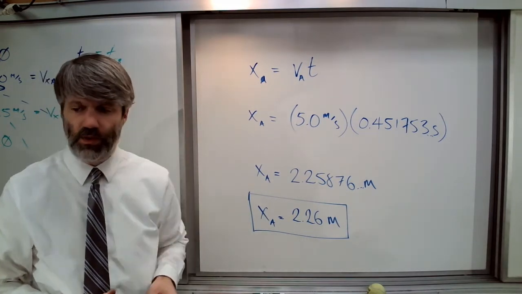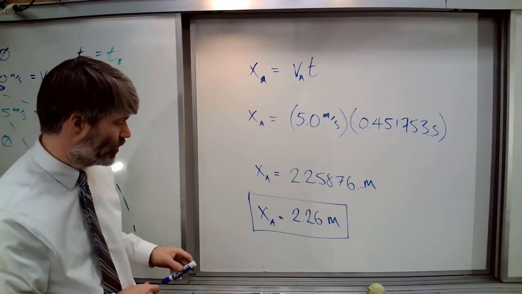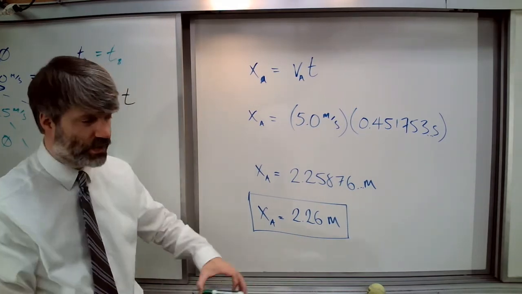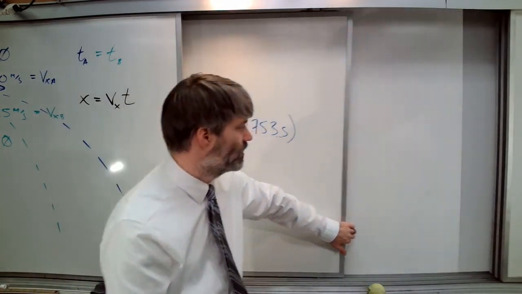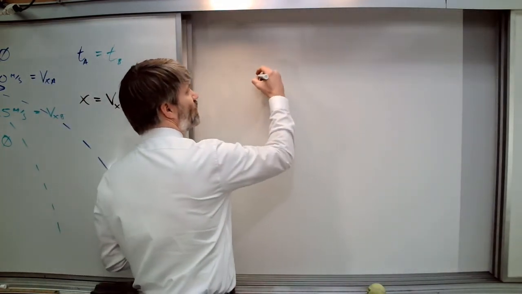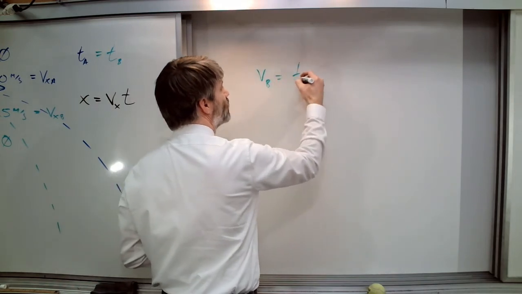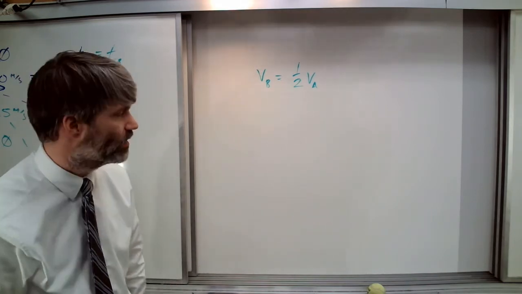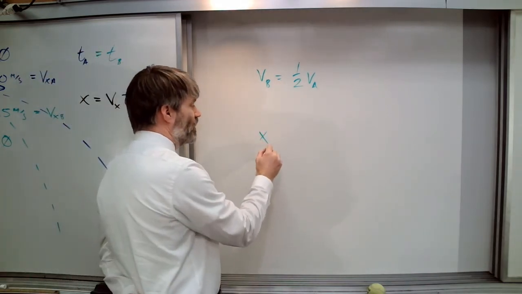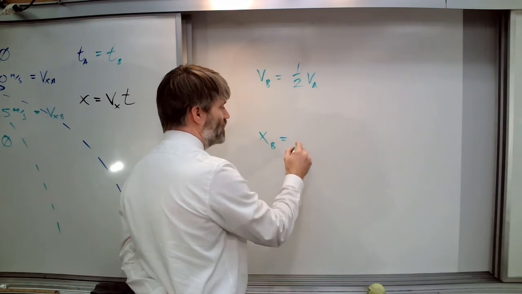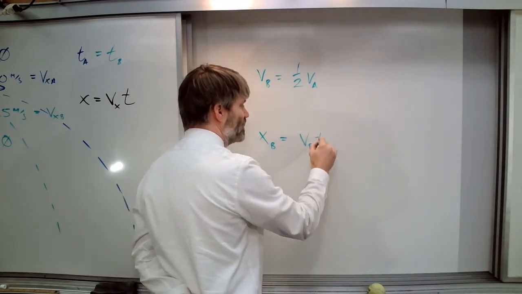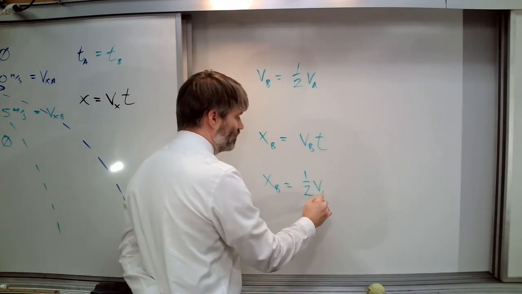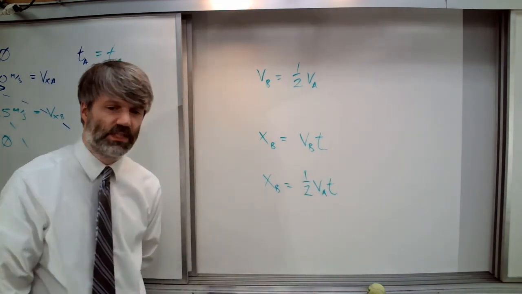Now, what we'll notice is that sphere B is launched at 2.5 meters per second. And we can do some quick analysis of this and see that the velocity of B is 1/2 of the velocity of A. So when we look at what we've got here, x of B is v B times t. x of B then is 1/2 v A times t.